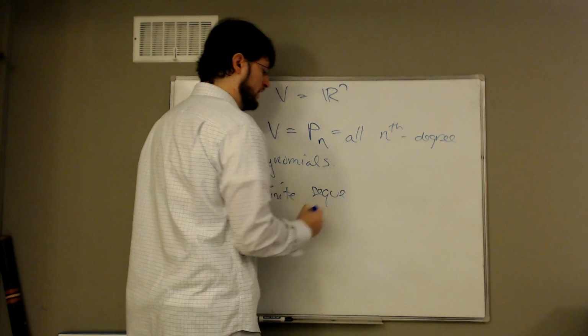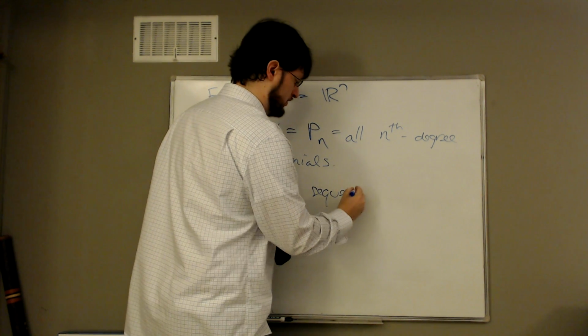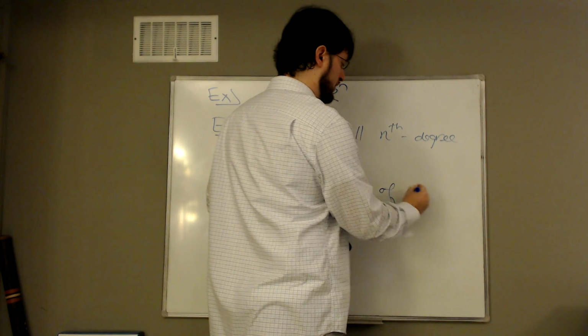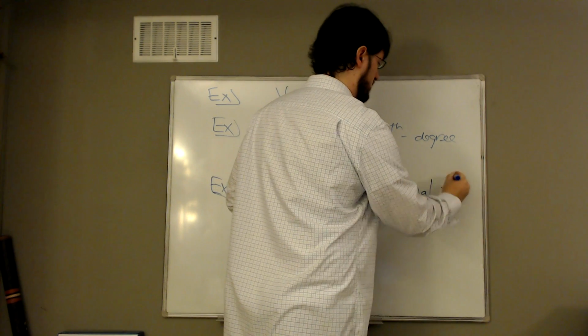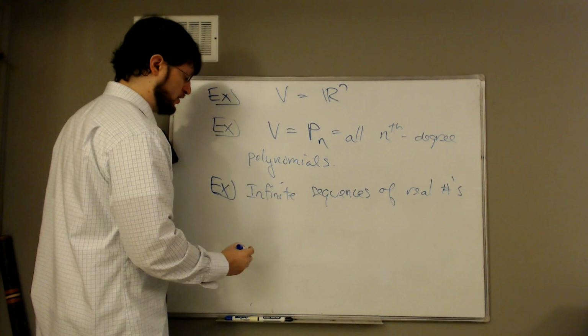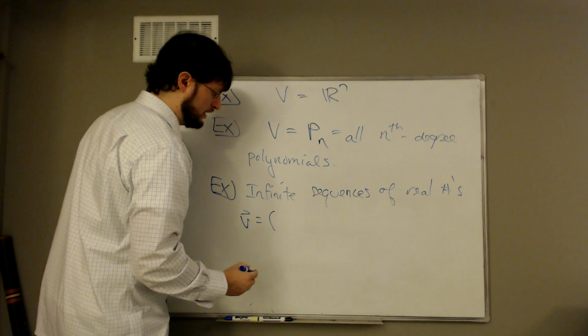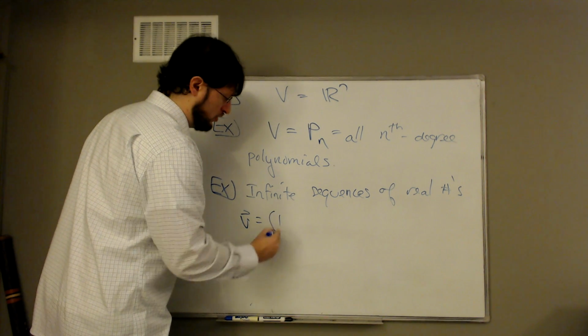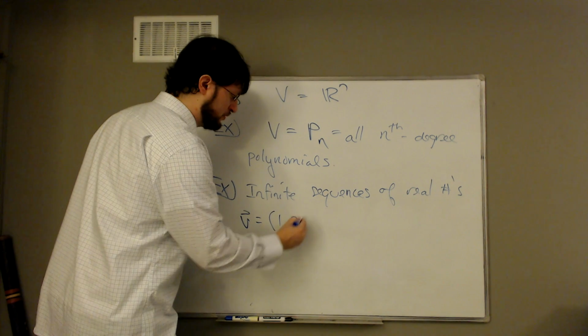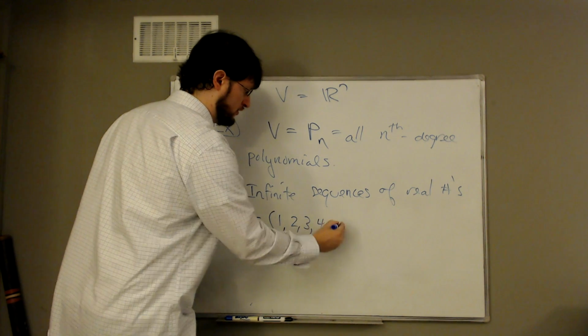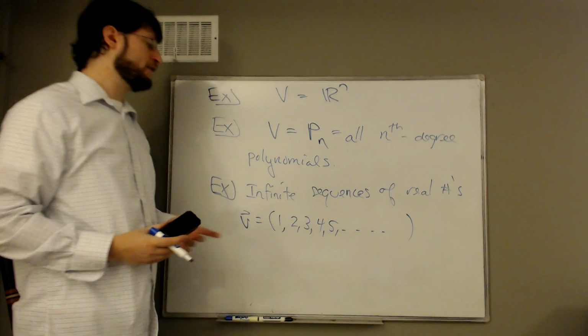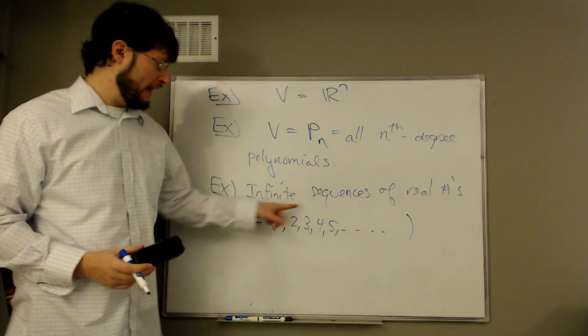I can look at all infinite sequences of real numbers. So for example, a small vector in this case might be, here's an infinite sequence of real numbers, but it goes on forever. But I could add up two of those things.